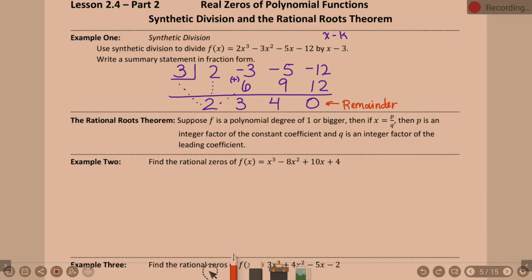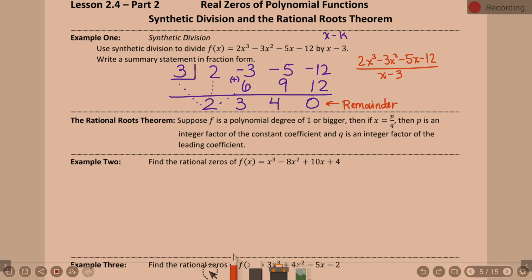Now, it says write a summary statement in fraction form. Braden just listed off the answer, so to speak. A summary statement in fraction form is just stating what the original problem was. So the original problem was 2x cubed minus 3x squared minus 5x minus 12, divided by x minus 3.